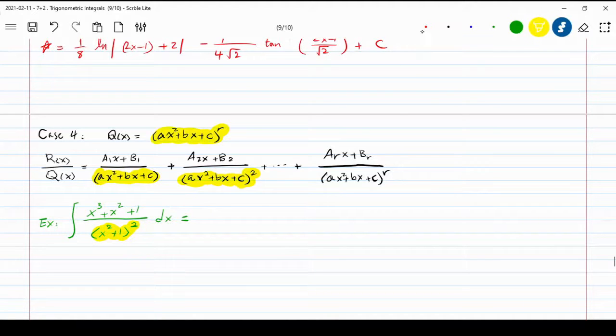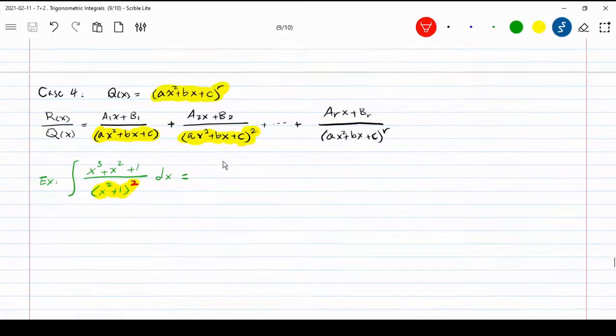So here the given degree is 2, so I'm going to go up to second degree. And in the numerator, I have to assume that the numerators are linear, 1 degree less. Some constant times x plus a constant, some other constant times x plus another constant.